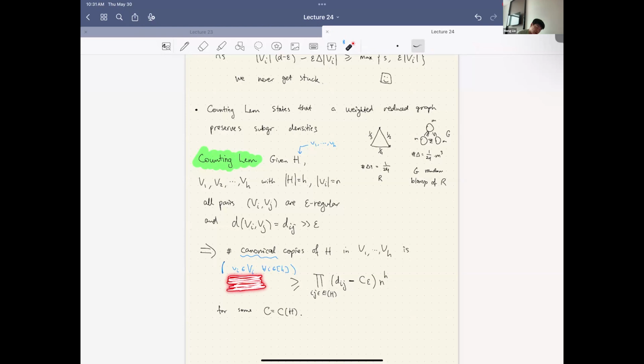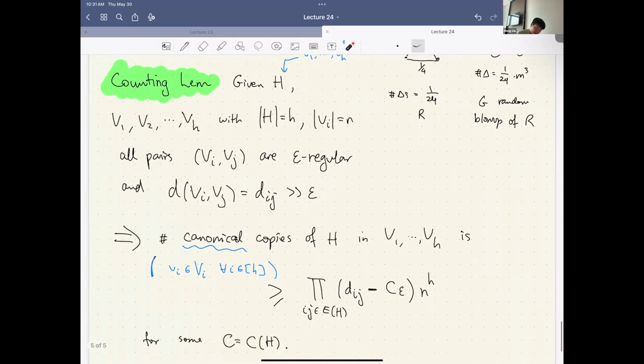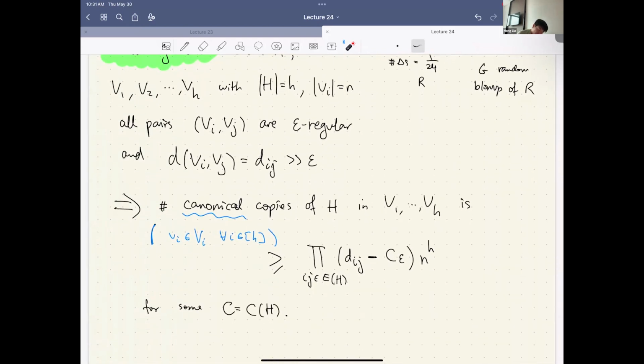I was worried about the automorphism of H. But for us, the lower bound is enough. We have the counting. Once again, if we require each vi actually goes to capital Vi, then we have equality here. All right. Right.